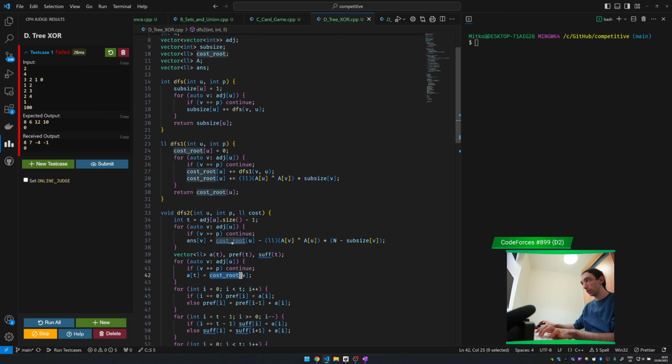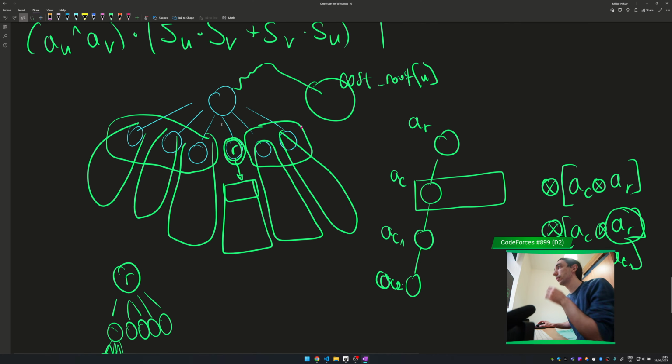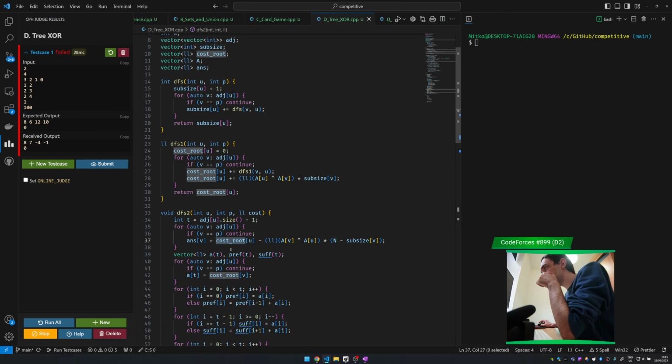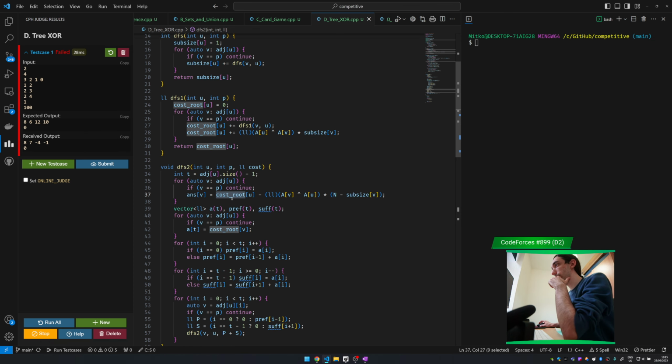Now my question is, is this the cost? So let's say that this here, then the cost is being this root node, which has all of these edges. Cost being this node.